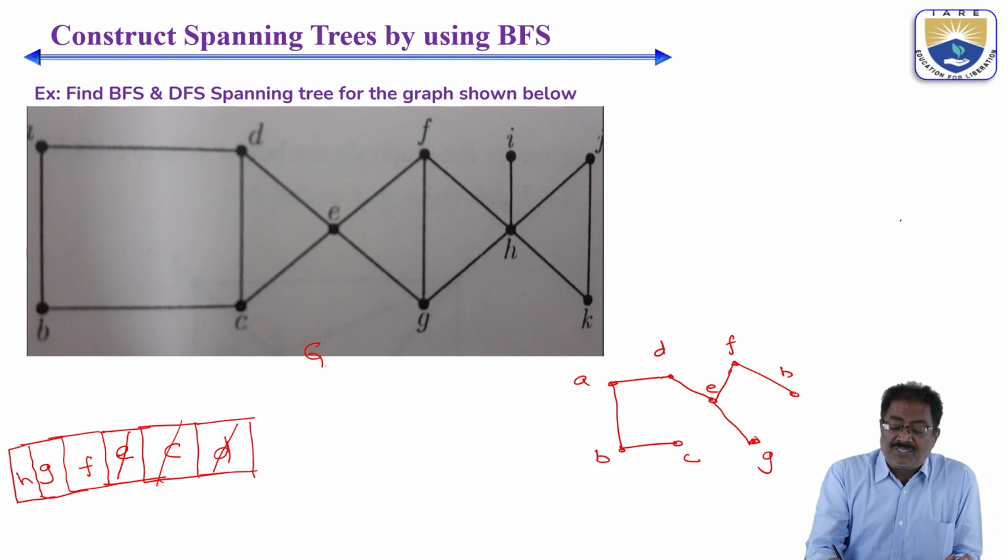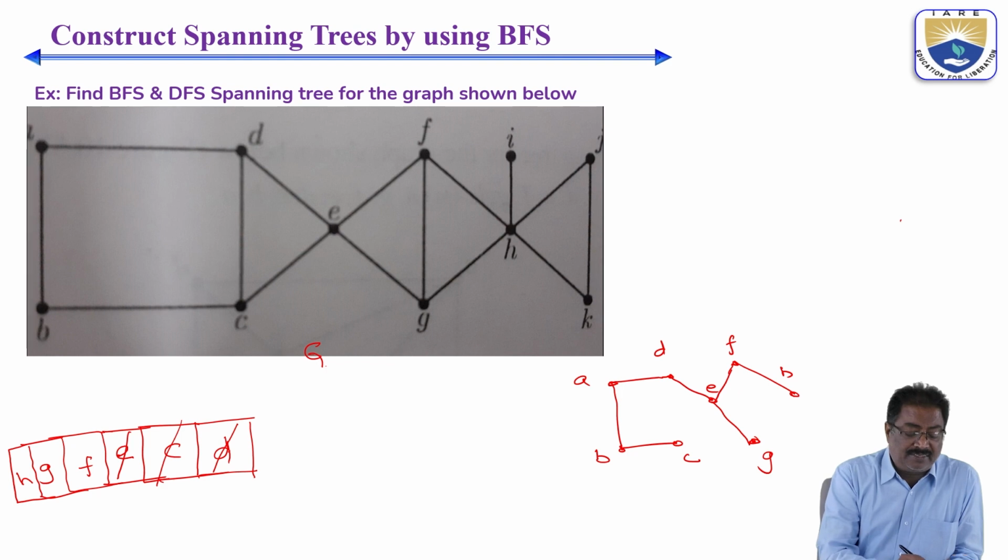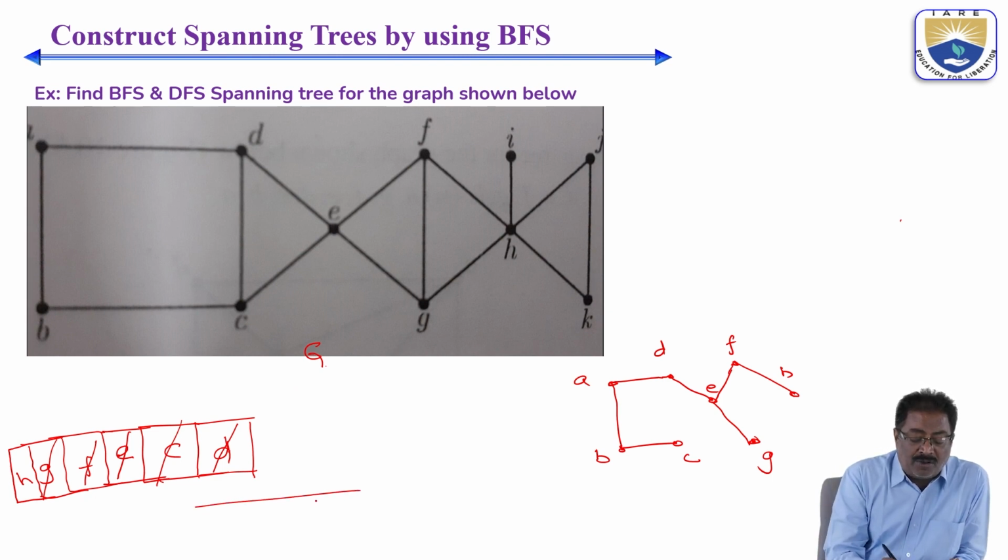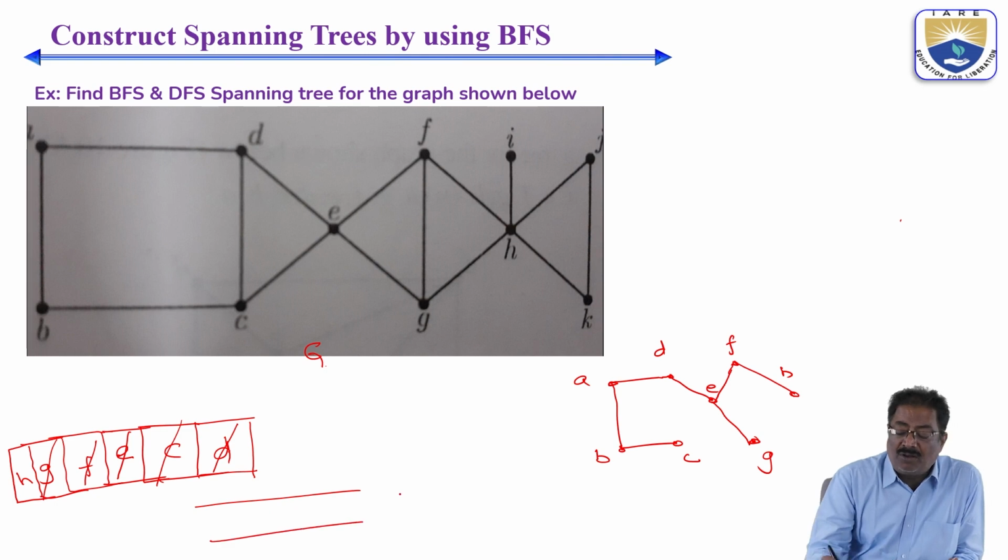From F there is no other vertex, so remove that, and dequeue. Next G will be there. G's adjacent vertex is only H, but H is also visited, so there is no other from G, so remove that. Then I am going to have H now. H's adjacent vertices are three, and anyone we can select.